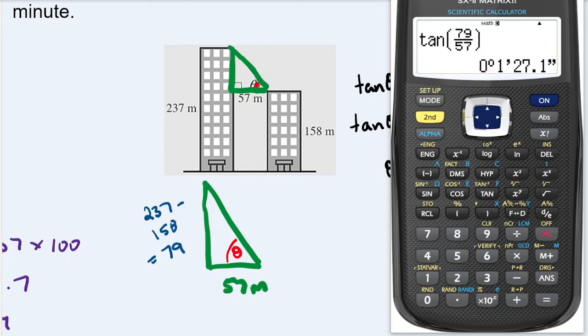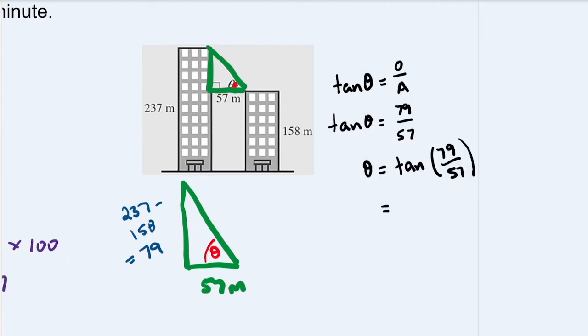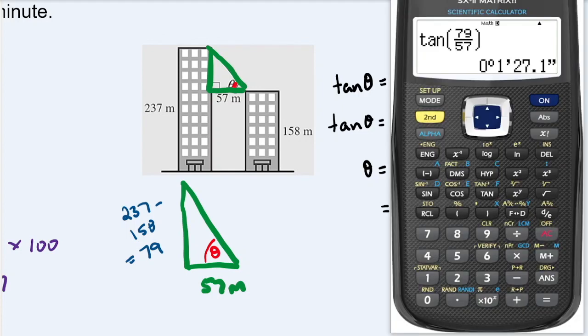Hit degrees, minutes, seconds. Now that can't be correct, can it? If you're watching, you should be able to tell me exactly what I've done wrong. I've actually forgotten to use the inverse. So let's go back in and fill in the inverse. So we still need that -1. You don't need to clear this, you can just use your arrow keys until you're back to where you need to be.